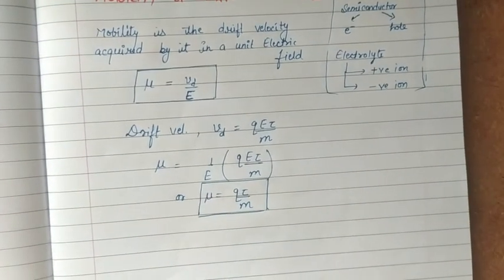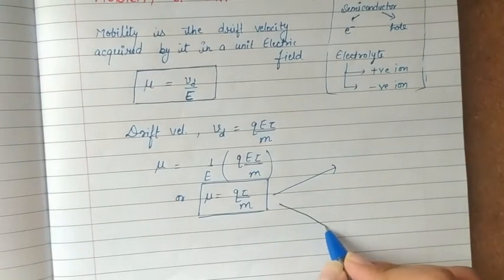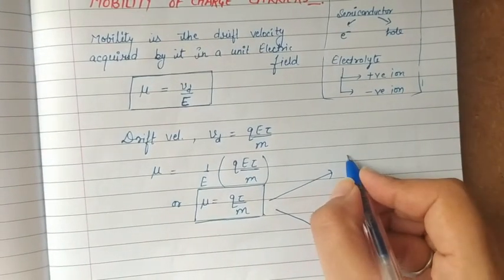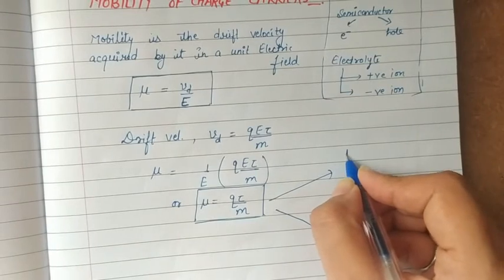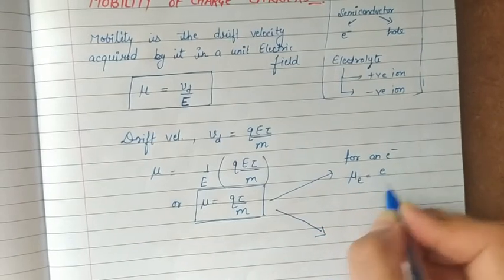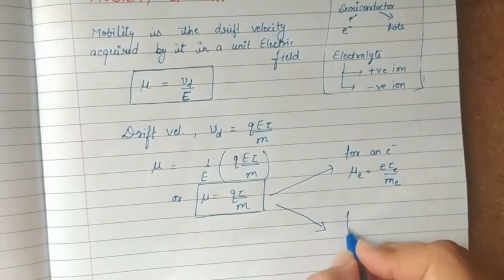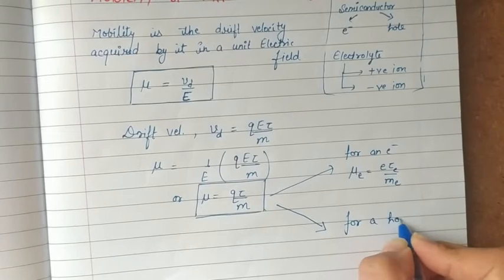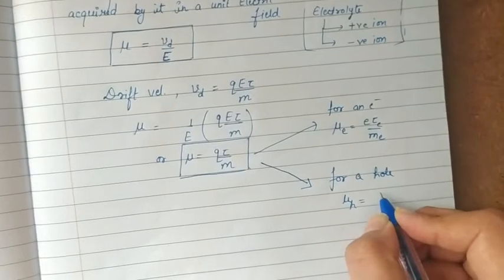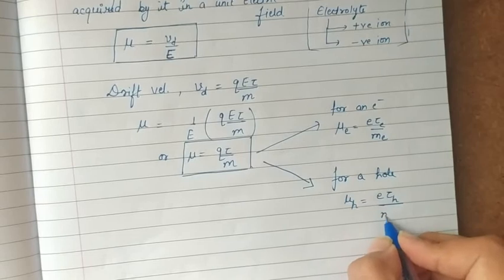Alright, but this mobility can be because of electrons or also because of holes. In case of an electron, mobility mu e is equal to charge on electron, relaxation time for electron, upon mass of electron. While for a hole, mobility mu h is equal to charge on a hole, relaxation time for a hole, upon mass of a hole.